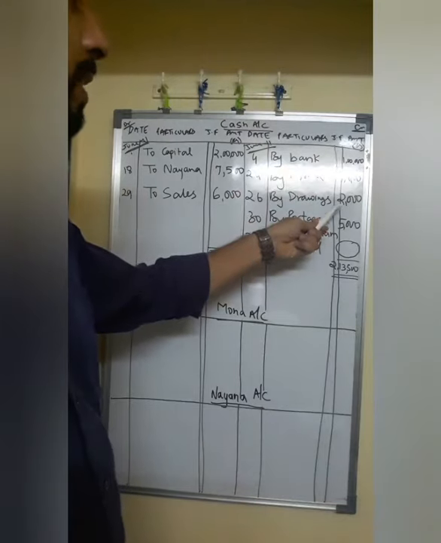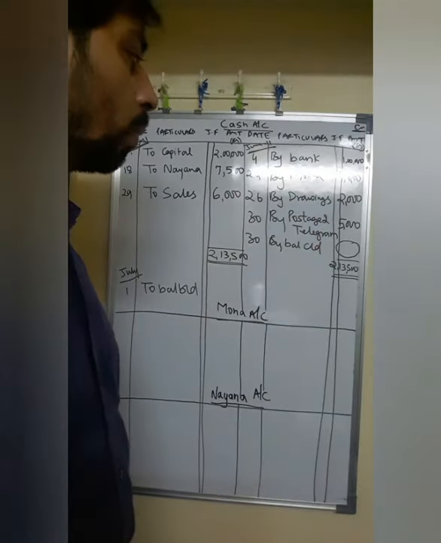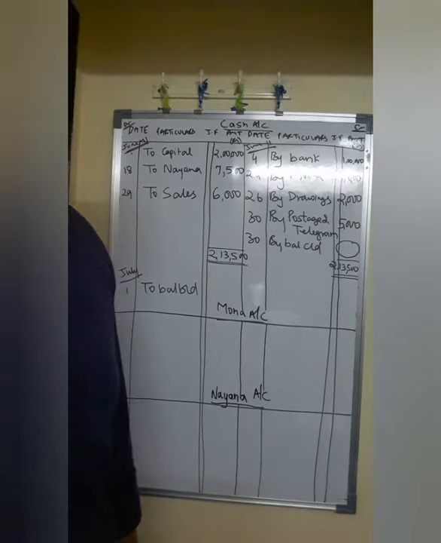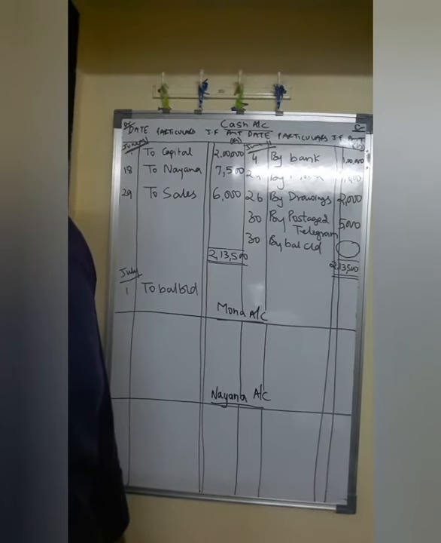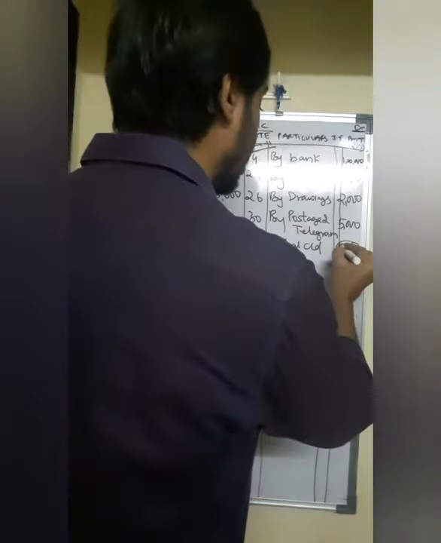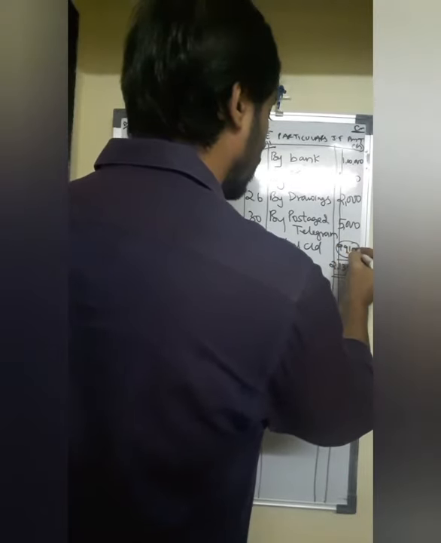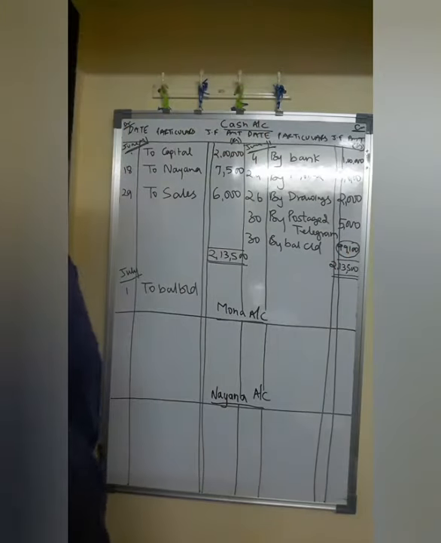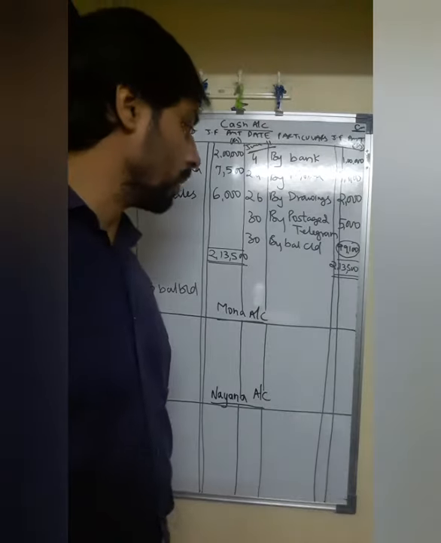So let's total it. 1 lakh 5,000, 7,000. 7 plus 7 14. 1 lakh 14,400. You have to minus it. So you get the difference as 99,100. I hope the difference is very much clear. Okay students, you can check it.